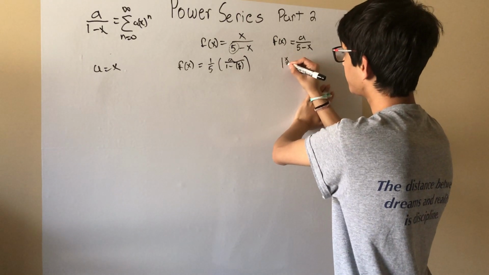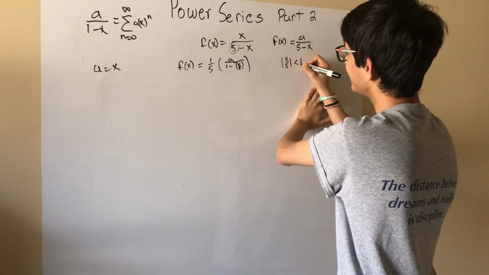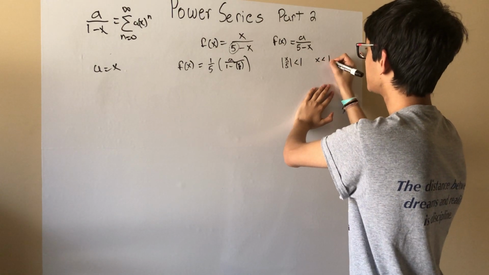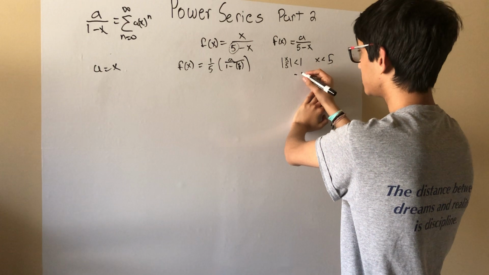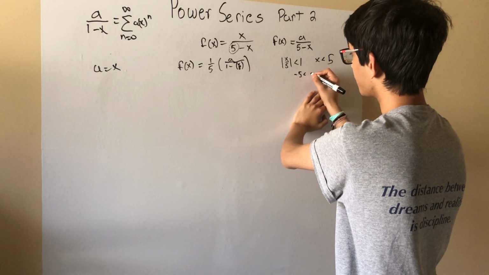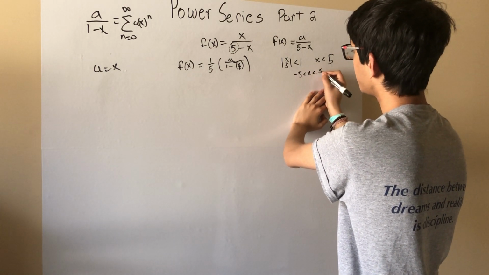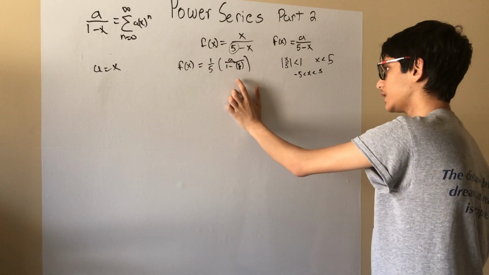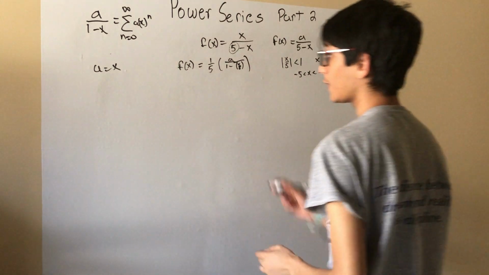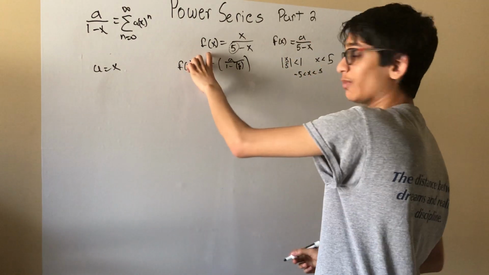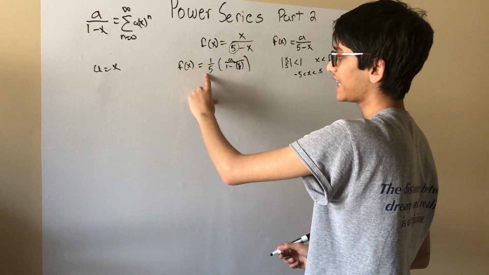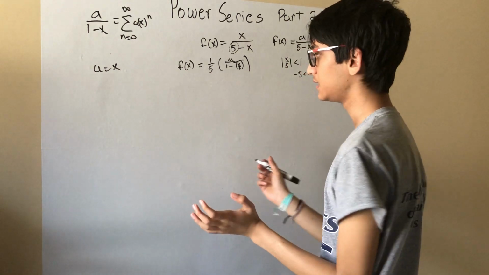So absolute value of x over 5 is less than 1, x is less than 5. So your r value is equal to 5, so -5 is less than x, which is less than 5. And now moving on, you can write down your actual power series, which is equal to, remember there's a 1 over 5 here, so that's very useful, that's needed.